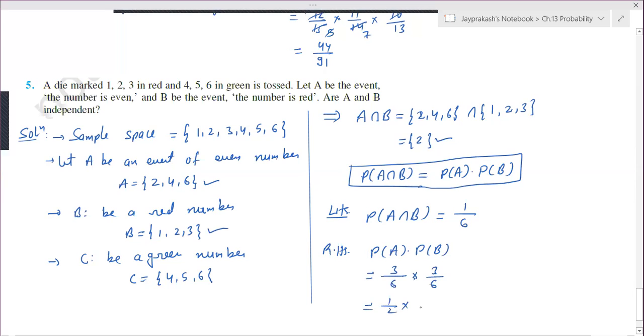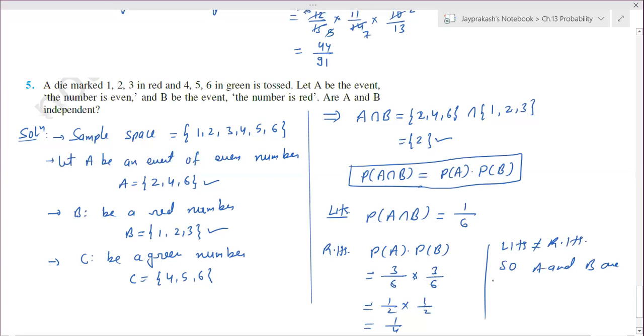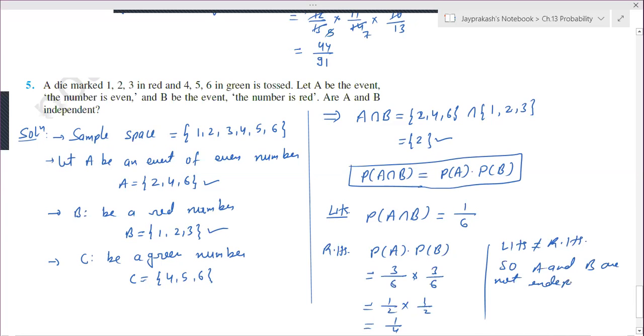So 1 by 2 into 1 by 2. So we can write here LHS is not equal to RHS. So A and B are not independent events.